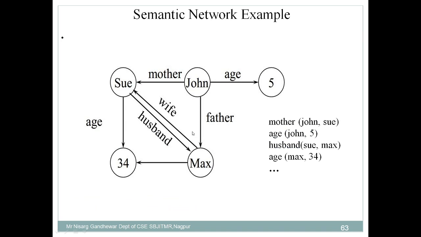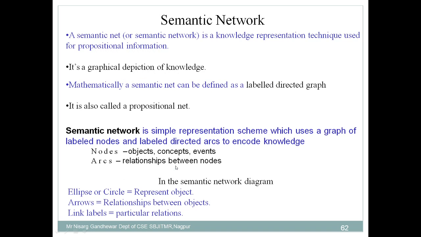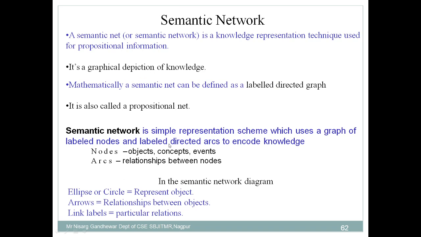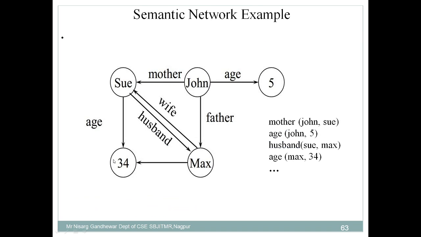Sue is an object, John is an object, Max is an object. Second, the arrow is used for relationship representation. For representing the knowledge we can use an arrow, and a link label, that is the particular relation. This is a simple example of a semantic network.